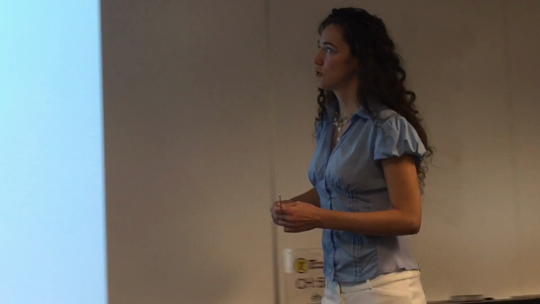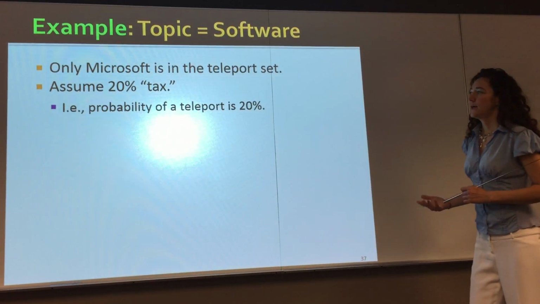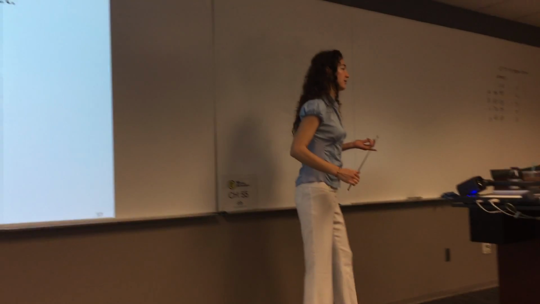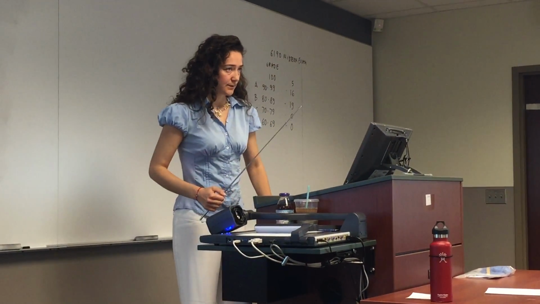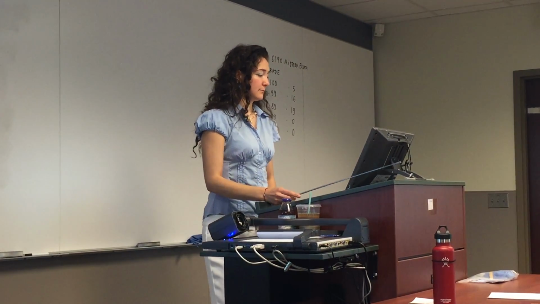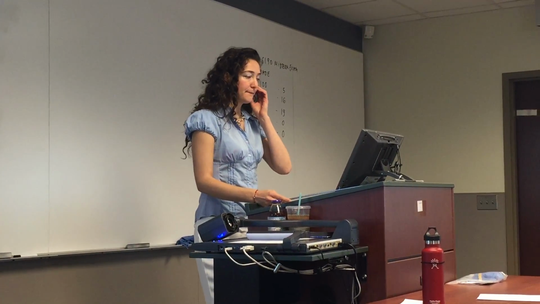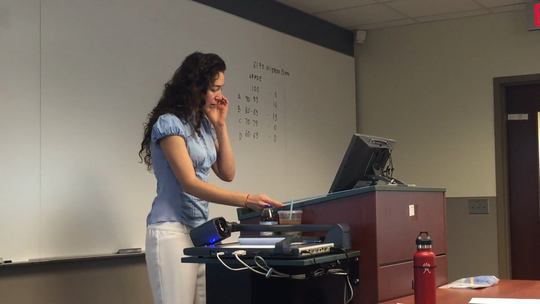However, now we're considering the subject that the user is interested in. So if the subject is software, then out of these 3 websites, Microsoft, Yahoo, and Amazon, Microsoft is the one that's most likely to have subjects related to software.